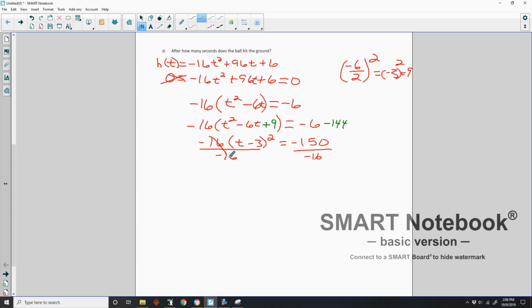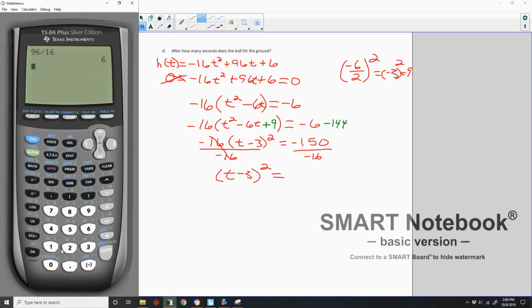Okay, these cancel, and I get t minus 3 squared equals 150 divided by 16, which is 9.375.